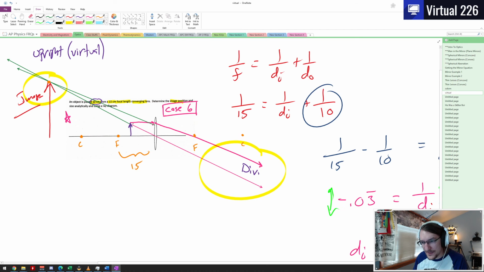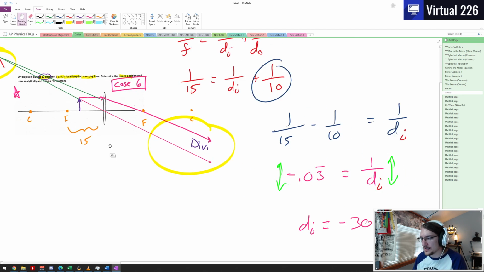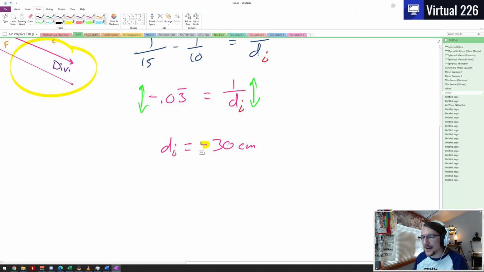The light came through the lens and then down. But your eye thinks that there is. It thinks that is where the light's coming from because your eye doesn't understand that light can bend. It thinks light can only move in a straight line.